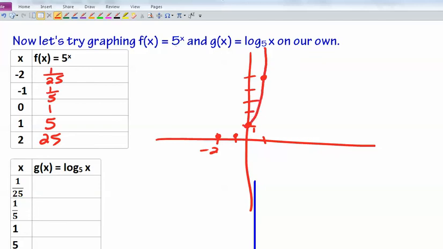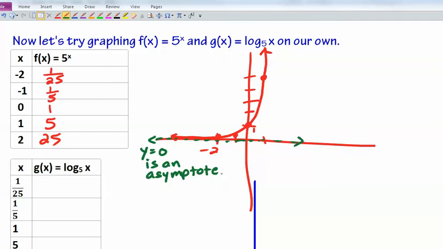So these exponential graphs rise very quickly. And we can then draw a dotted line here to show you that this axis, which is y equals 0, is called an asymptote. It gets very close to that axis, but it really is never going to touch it.